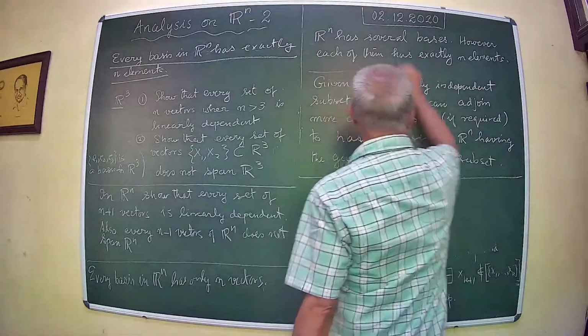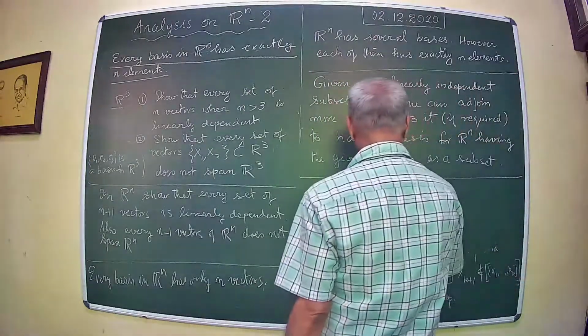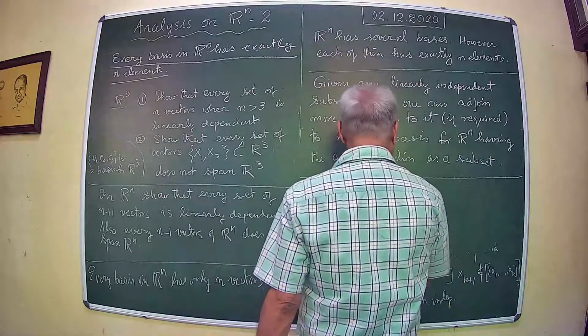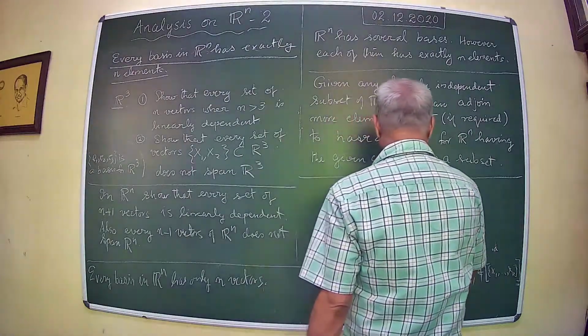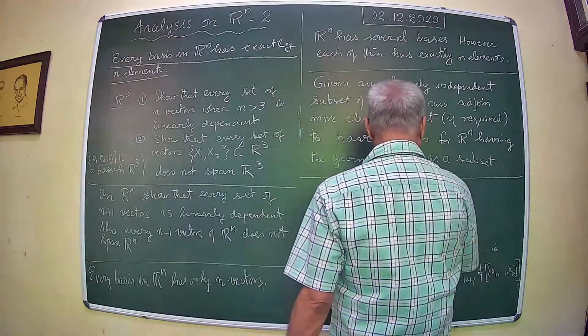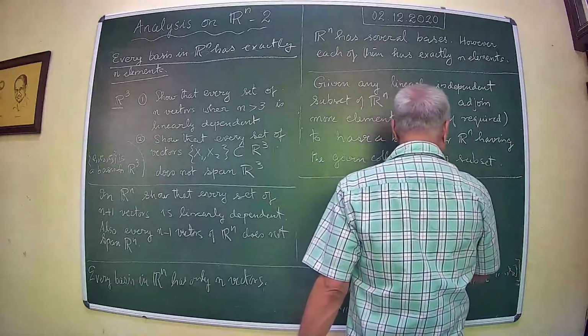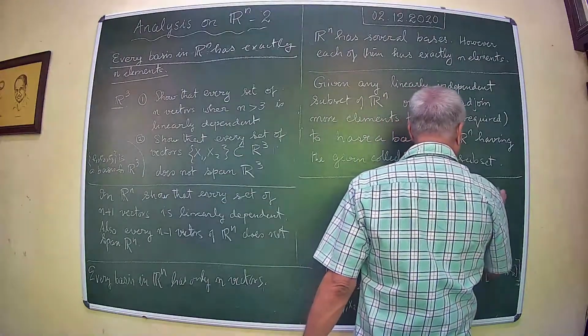What it says is that suppose you start with the S contained in Rn, linearly independent.